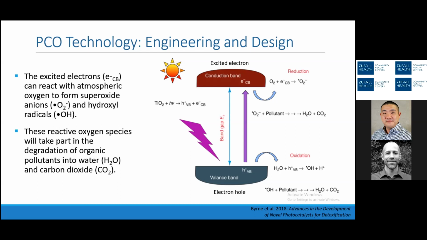These anions and radicals are very effective at breaking down organic pollutants, and they convert the pollutants into water and carbon dioxide. So there are no harmful byproducts in this reaction.